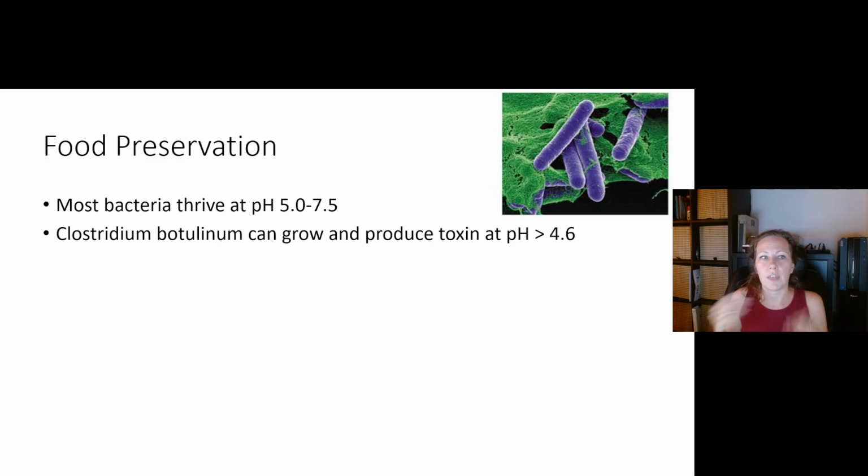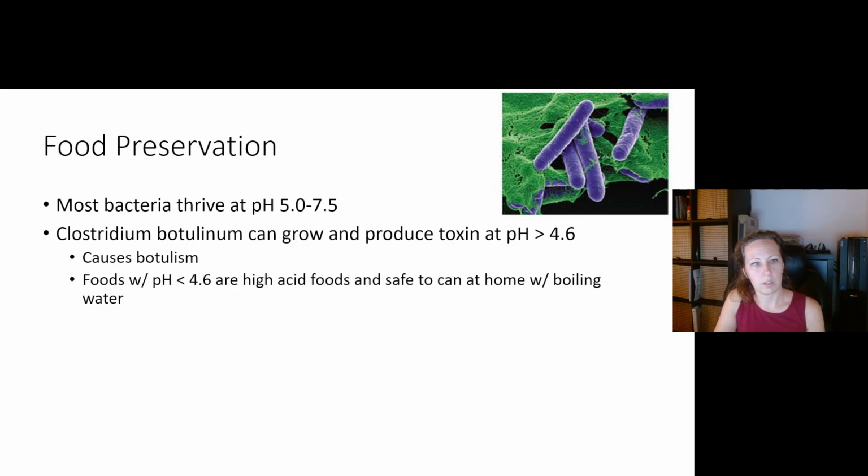So if that bacteria gets happy, then it will come out of its spore form. And during that process, it's going to produce a neurotoxin. And as it grows, it produces this neurotoxin. As the name sounds like, it causes botulism, and it's just not a good thing.